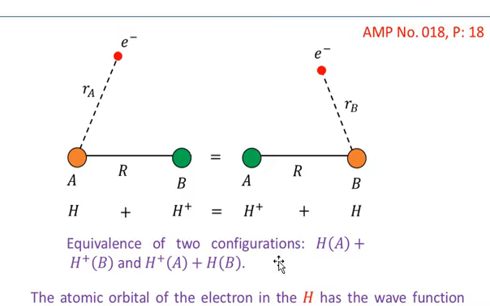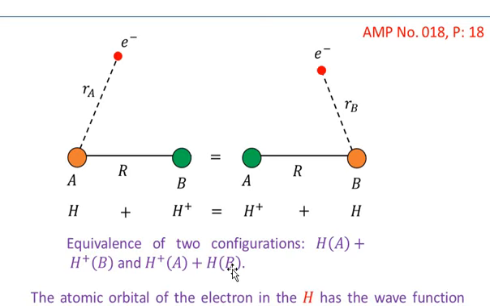So, the equivalence of the two configurations, that is H plus H+. For example, in the left figure, the nucleus A with the electron is the atomic hydrogen atom, and the nucleus B, since it is ionized, I have written as H+. And on the right hand side, the nucleus A will be referred to as H+, ionized, whereas the nucleus B along with its electron will be referred to as the hydrogen atom.